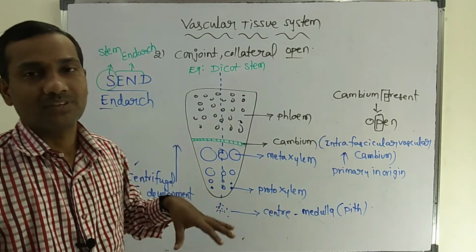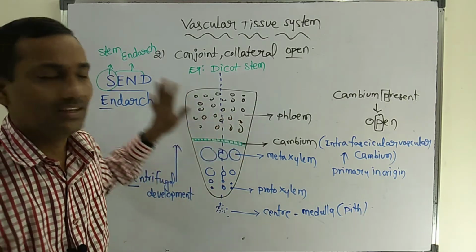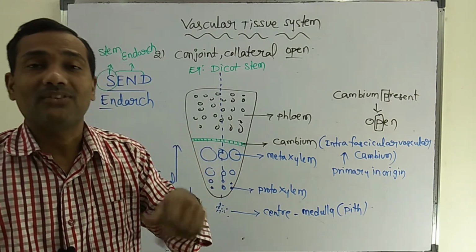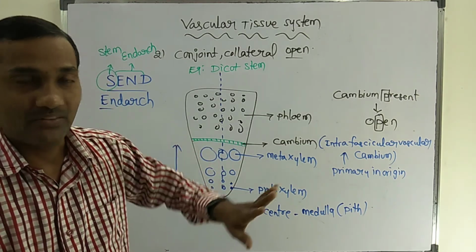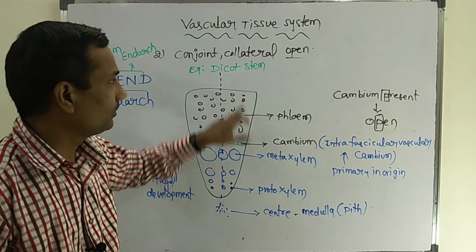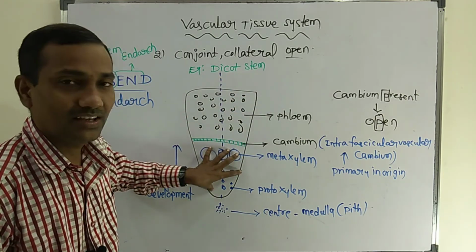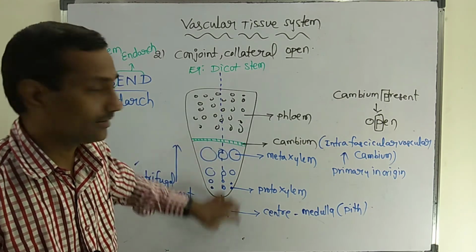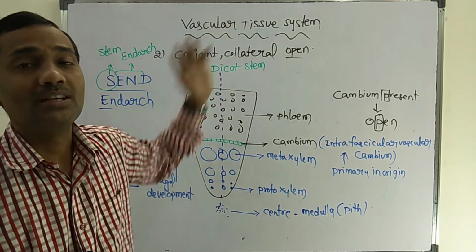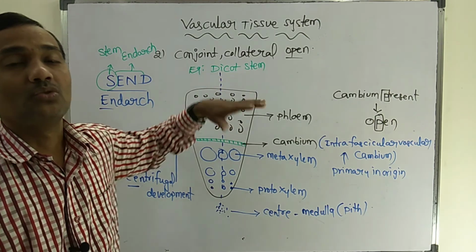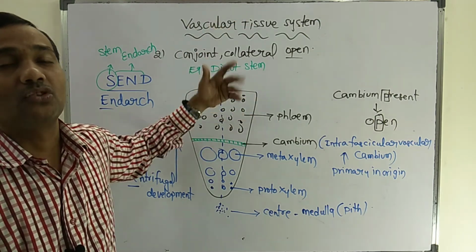Protoxylem lies towards center. Endarch xylem can be seen in dicot stem as well as monocot stem. But cambium is found only in dicot stem, between xylem and phloem. Xylem tissue is located towards center, phloem towards periphery. Ectophloem is the presence of phloem towards the periphery.